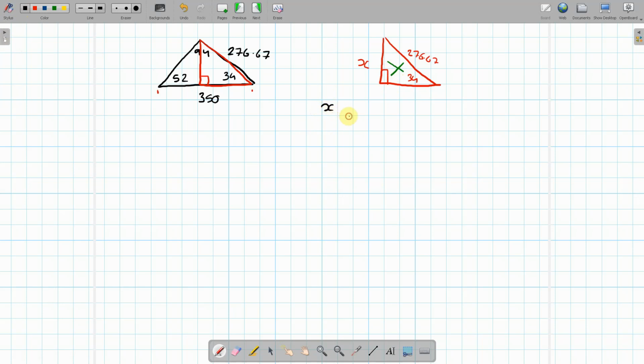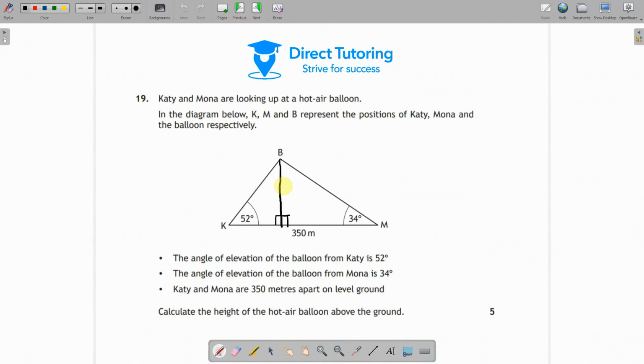So we're going to get x over sine 34 equal to 276.67 divided by sine 90, and if we rearrange we will get x is equal to 154.6 meters. And that is the height of the balloon here.